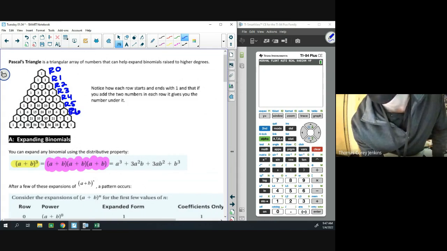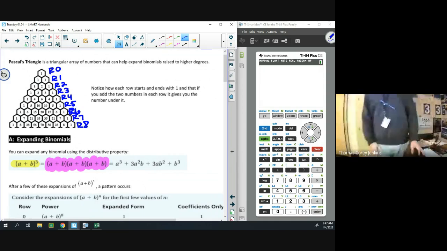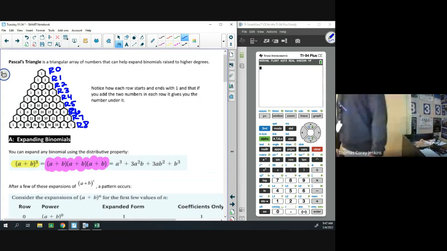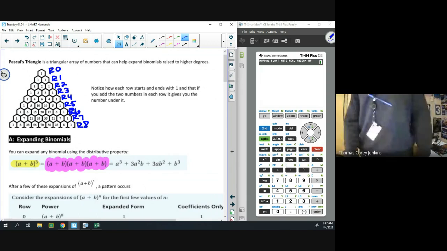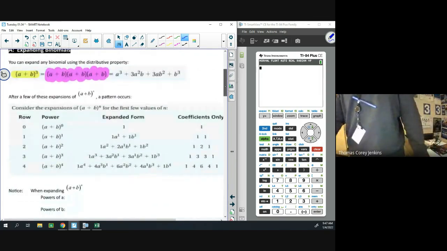Whoops, row 6. All right, and then if you needed to write out row 9, you could. It would start with a 1, and then 1 plus 8 is 9, and then you'd be off and running. But we're not going to do that. Okay, we'll come back to that later.